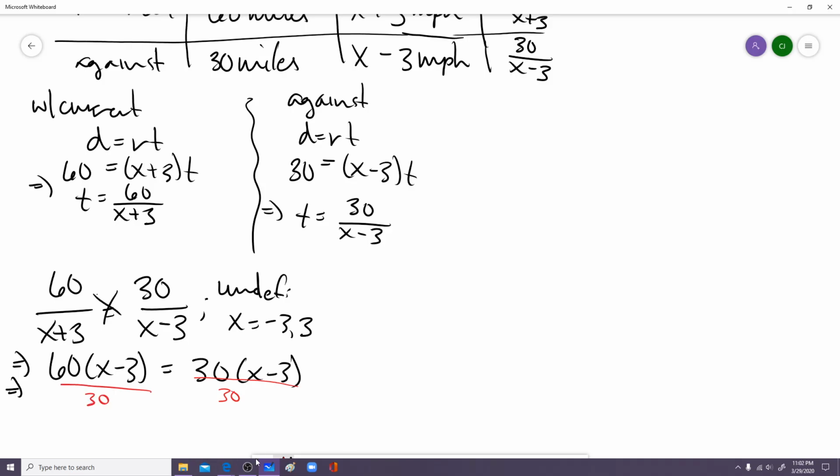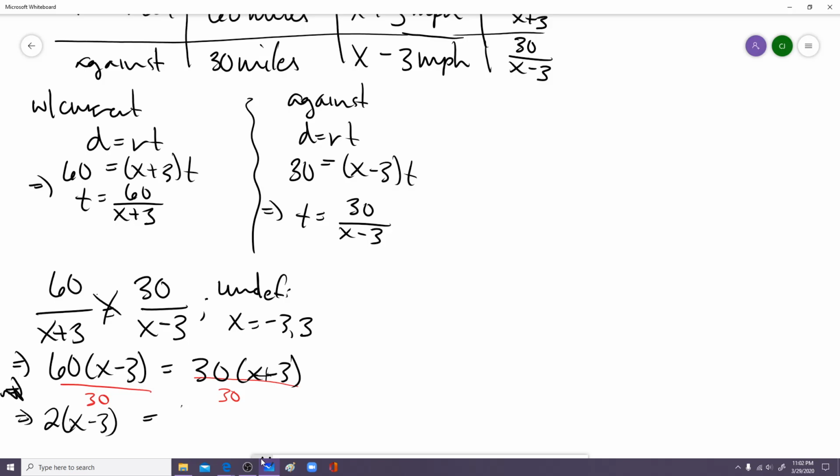When I do that, I get 60 divided by 30, that is 2, times X minus 3. And then 30 divided by 30 is 1, so I'm just left with X plus 3.